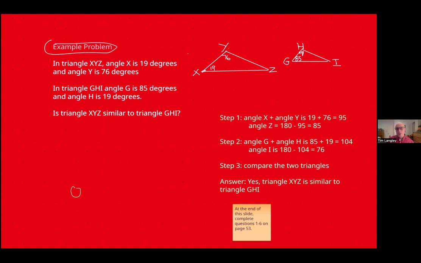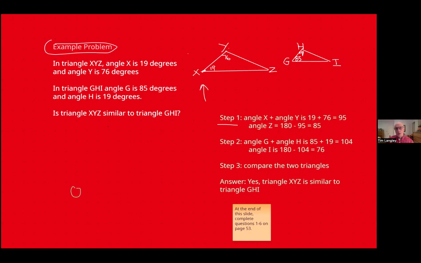I'm going to break it into steps, how you could solve this problem. Step one here. Angle X plus angle Y is 19 plus 76, which equals 95. So I'm looking at this first larger triangle. If I add those two angles together, that comes to 95 degrees.